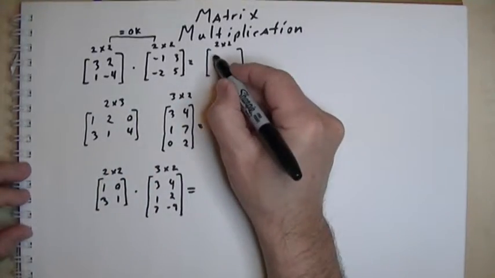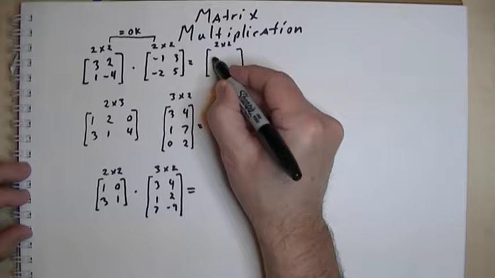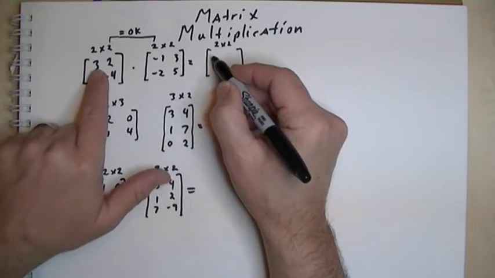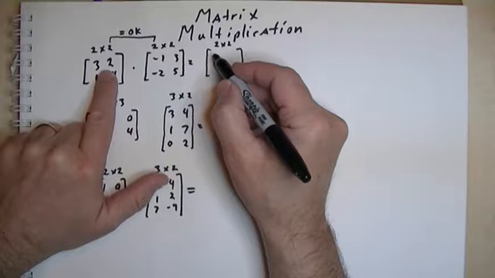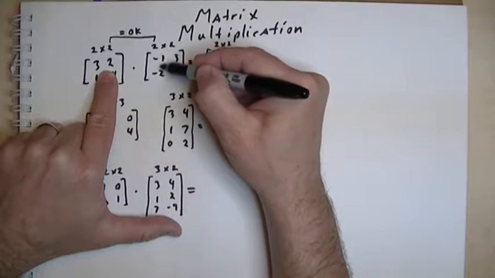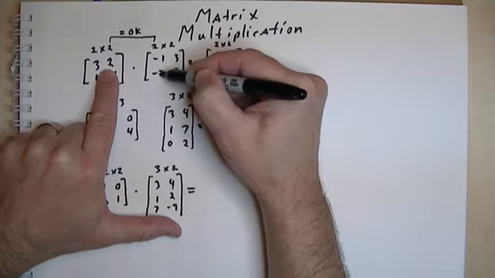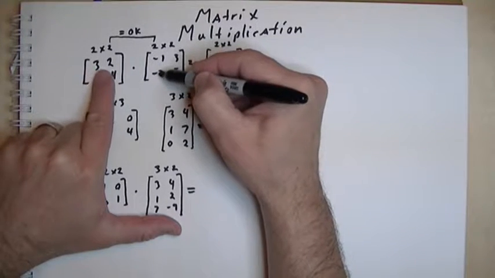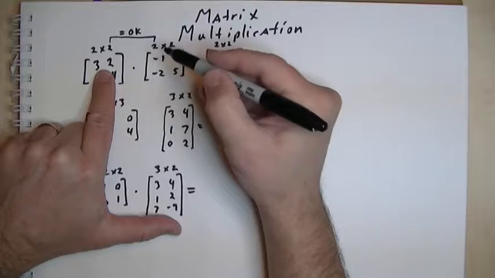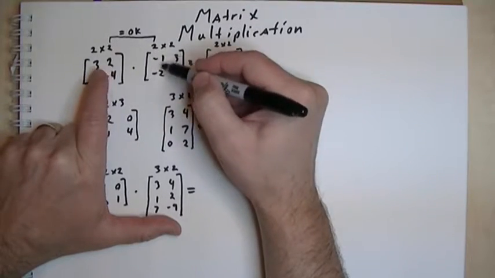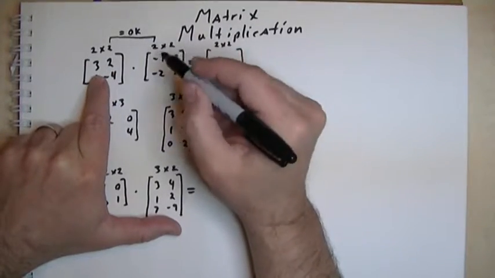So for instance, this says first row, first column. So I look back here at the first row, which is my 3, 2, and my first column, which is my -1, -2. And that's the row and the column that I'm going to multiply to get this element. And you might be asking, well, I've got all these numbers, do I just multiply them all together? And that's not what you do.